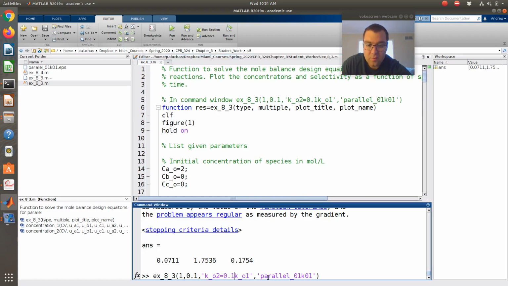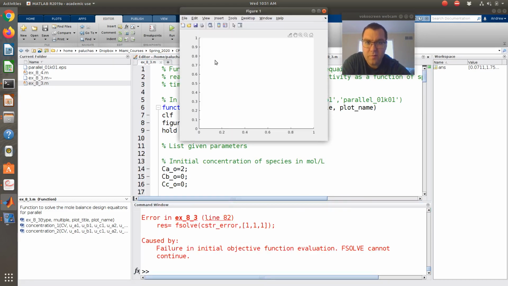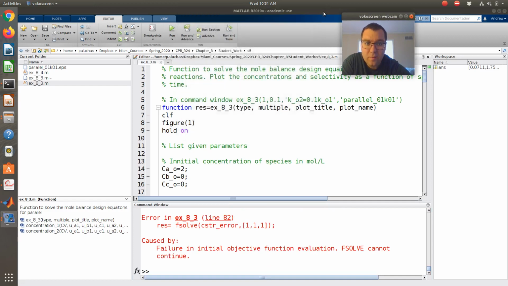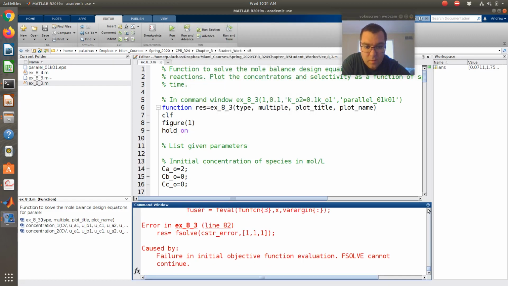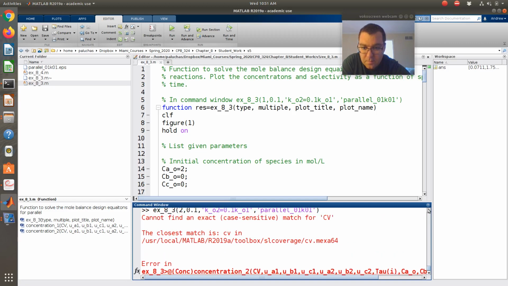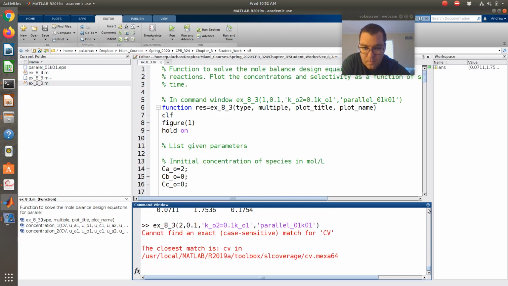Okay, let's just look at type 2, which would be our series case, and see what we have going on there. Okay, so now we're not plotting. So let's see what we have for CV.